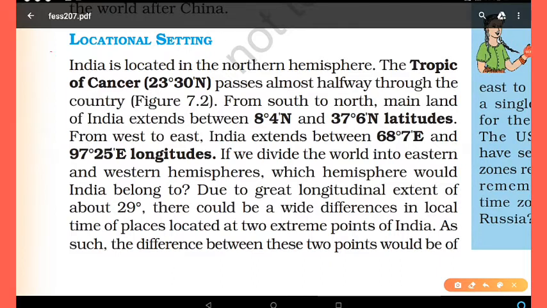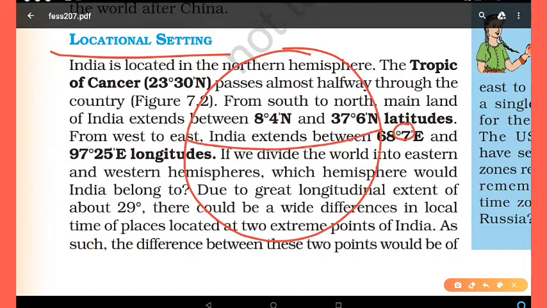Now we'll see the next topic: locational setting. India is located in the northern hemisphere, completely in the northern hemisphere. This is the earth. The 0-degree equator divides the entire earth into two equal halves: the northern hemisphere and the southern hemisphere. So India is located here. And what is the location of India on latitudes? 8 degrees 4 minutes is the southernmost point of the mainland of India, up to 37 degrees 6 minutes northern latitude.